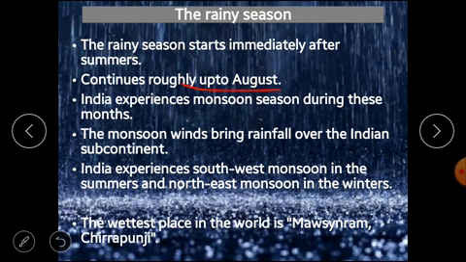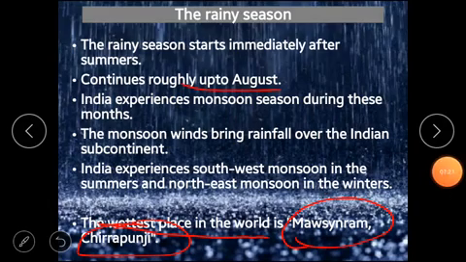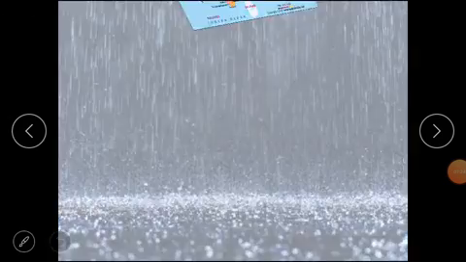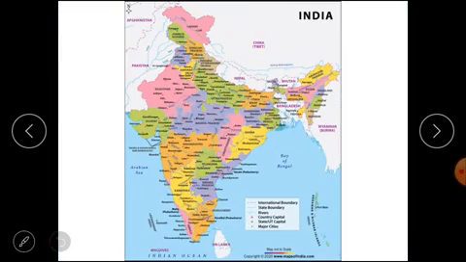And the most important point here is that the wettest place in the world, which receives the maximum rainfall in whole of the world, is Mausin Ram, Cherrapunji. Mausin Ram is in Cherrapunji, which is in Meghalaya.